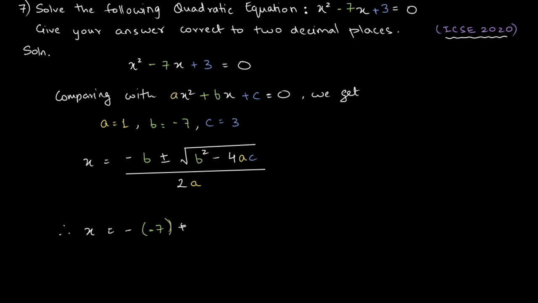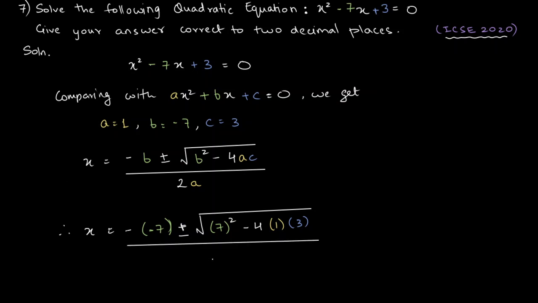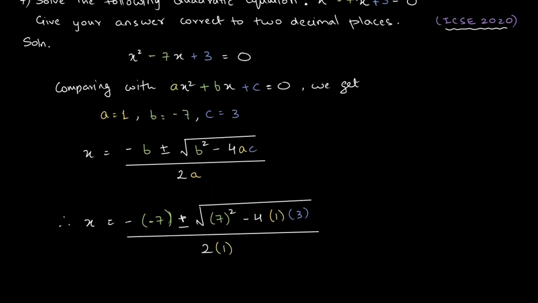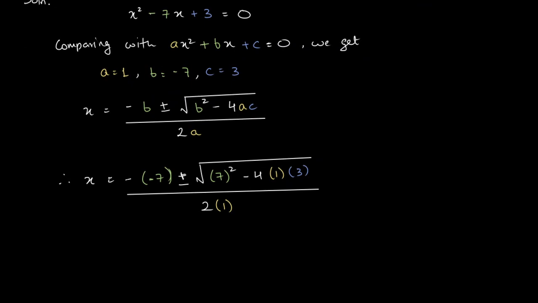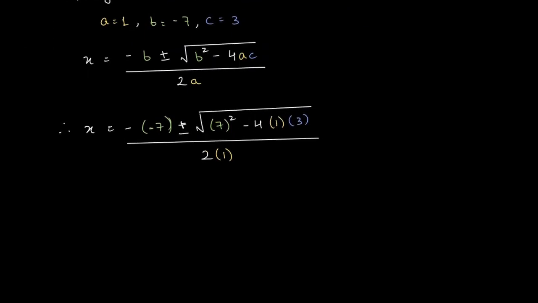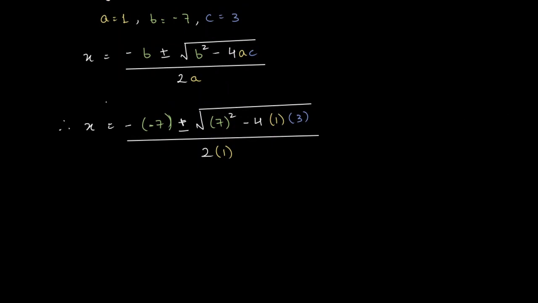Plus or minus square root of b squared, so 7 squared, minus 4ac, so minus 4 into a is 1 and c is 3, this entire square root divided by 2 times a, so 2 times 1. So we've got our equation, compared it to the standard form, found the values of a, b and c, written down our quadratic formula, and substituted the values.